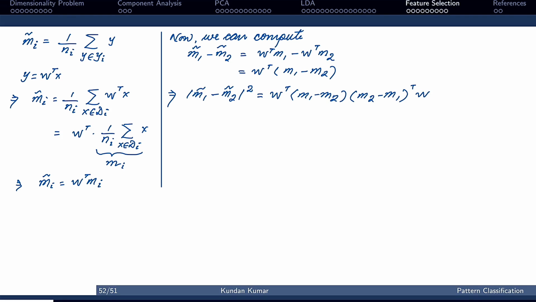Okay. So basically this term is denoted as SB, which is called between class scatter matrix.